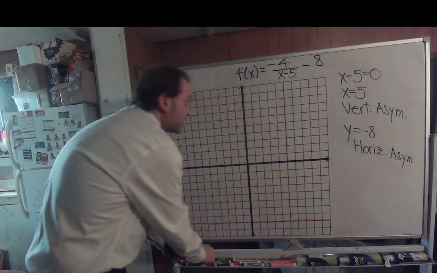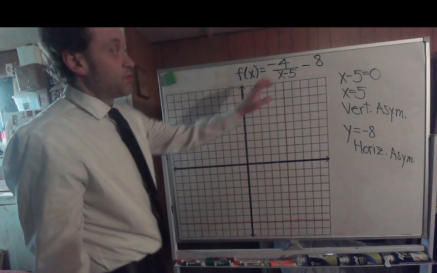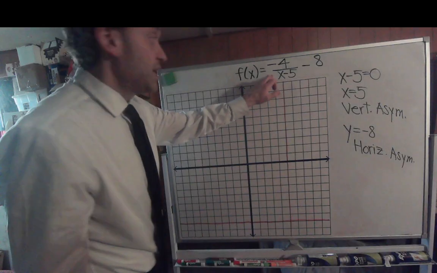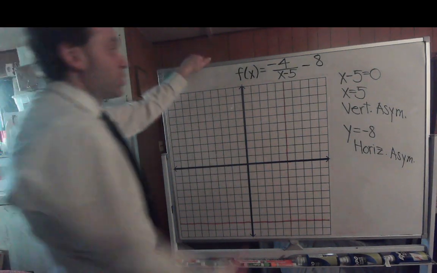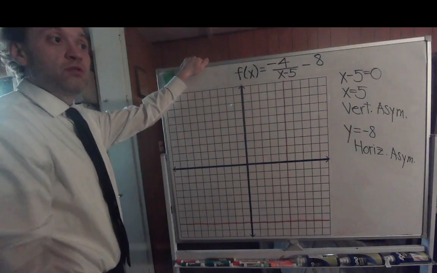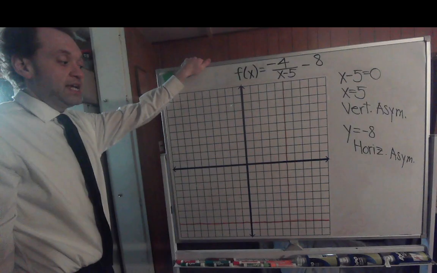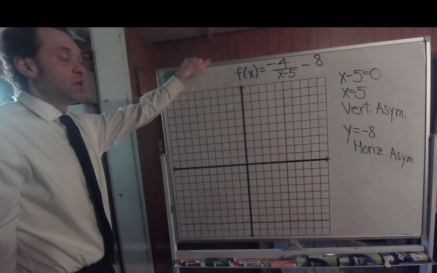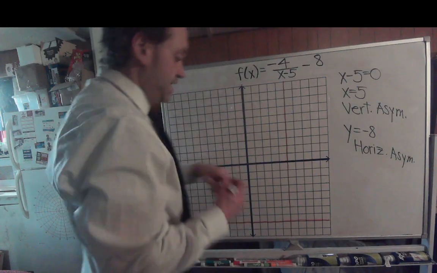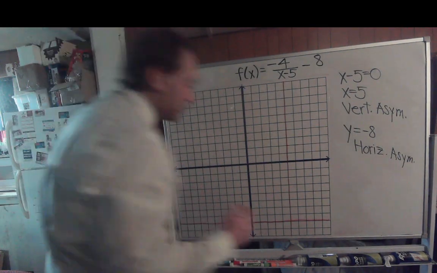So let's start out like normal. Let's go to the right of x equals 5. Let's start with x equals 6. So what is 6 minus 5? That's 1. Negative 4 over 1 is negative 4, minus 8 is negative 12. Well, that's going to put you all the way down here somewhere off the board.